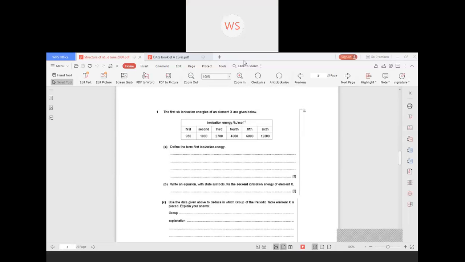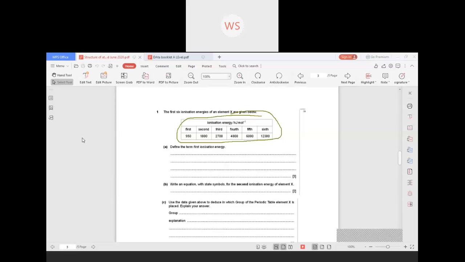Explain your answer. From the successive ionization energies, you have to deduce in which group is this element X.